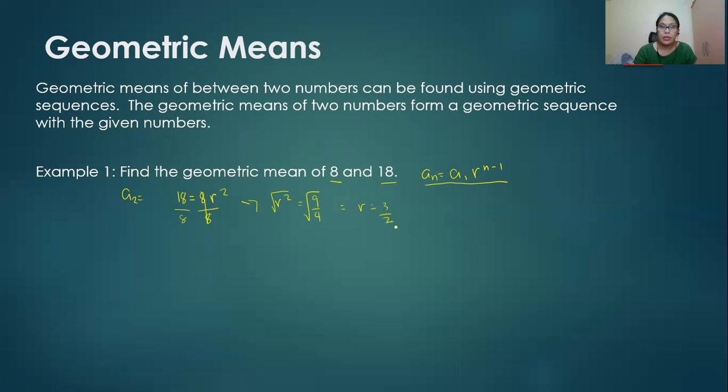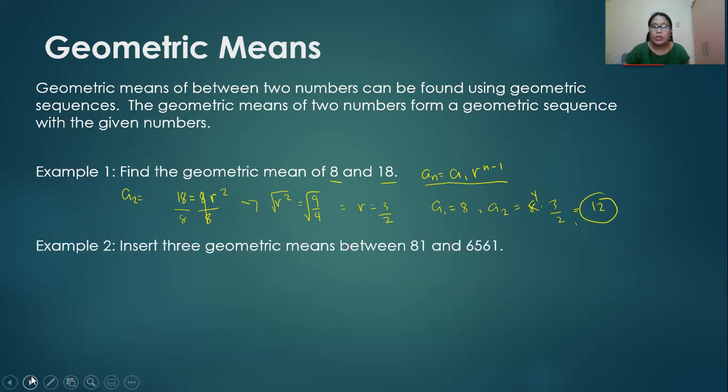Since r equals 3/2 and a sub 1 is equal to 8, the geometric mean is obtained by multiplying the previous term 8 by its common ratio 3/2. So we have 12. The geometric mean of 8 and 18 is 12.